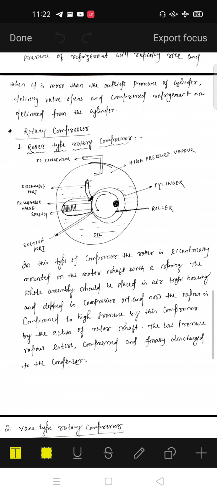So the low pressure vapor enters, is compressed and finally discharged to the condenser. Clear? So this is the working of roller type rotary compressor.